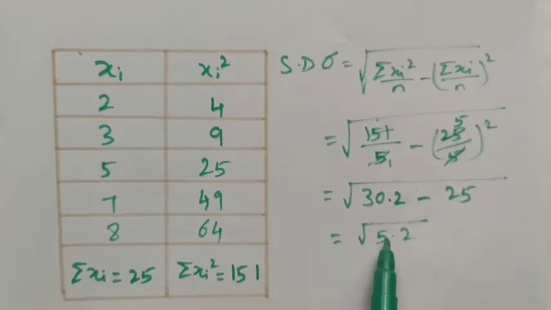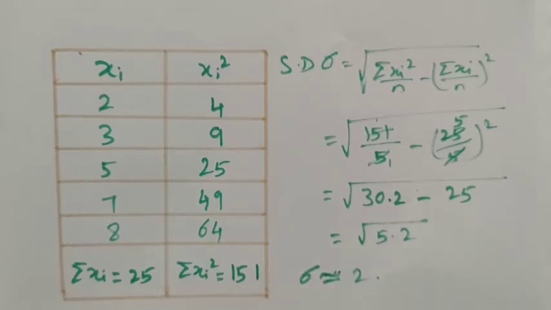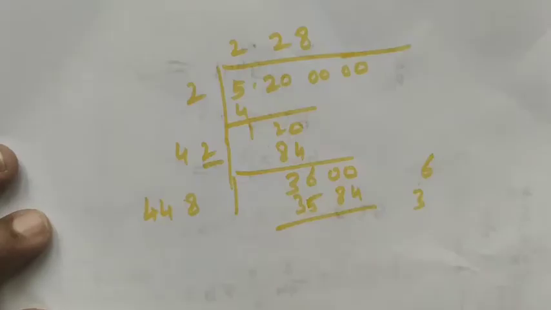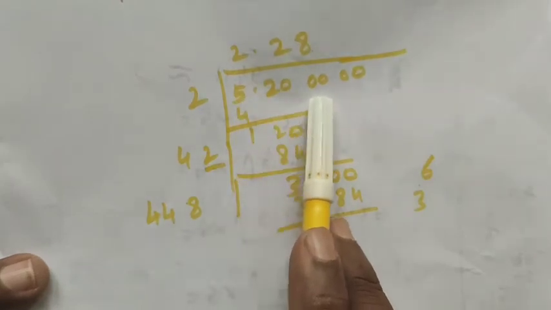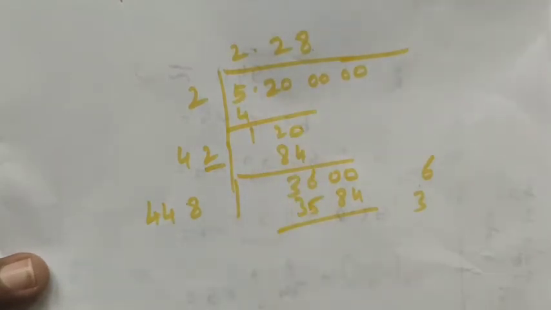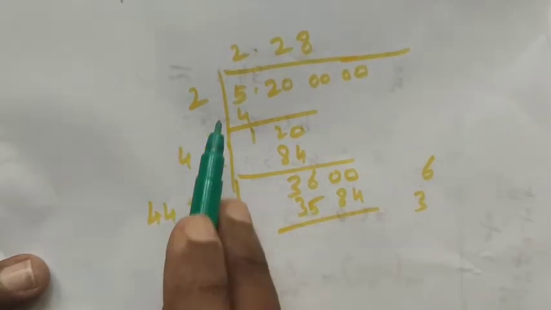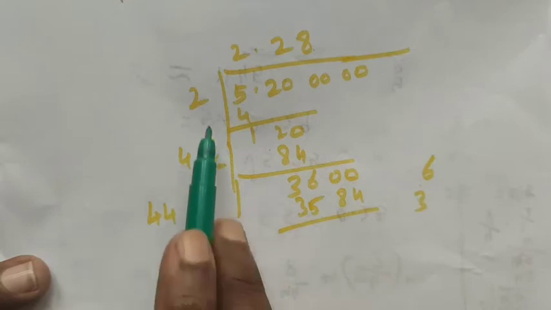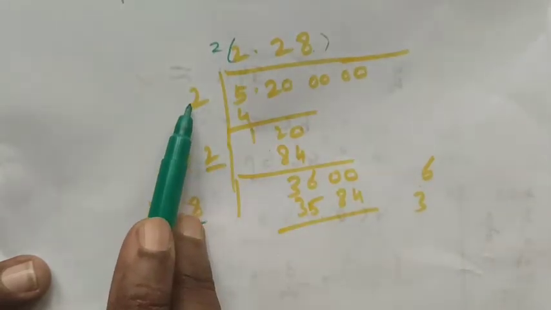Root of 5.2, root 5 means approximately it is 2 point something. The perfect square is 2 twos are 4. So sigma is approximately 2 point something. Let's see what the root of 5.2 value is. When we are finding the square root of 5.2, we must add zeros. So for 5.20, if we find the square root we get approximately 2.28. Whatever number appears here, you have to multiply by 2 to get the next digit.